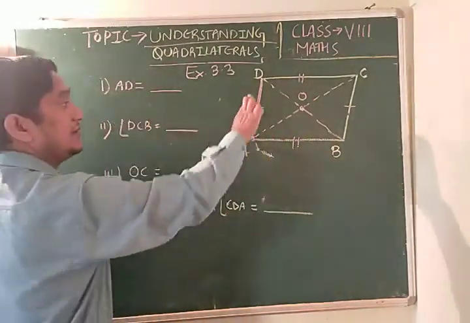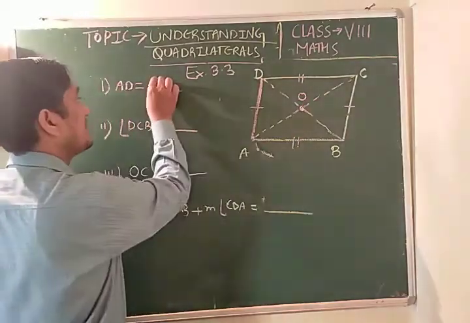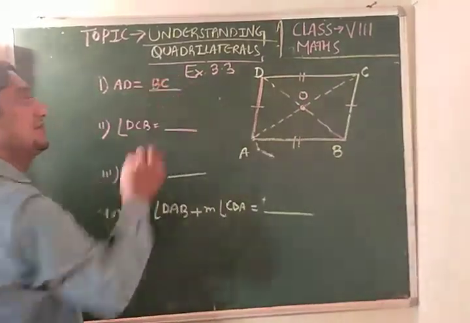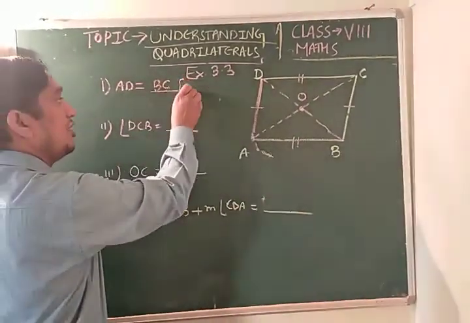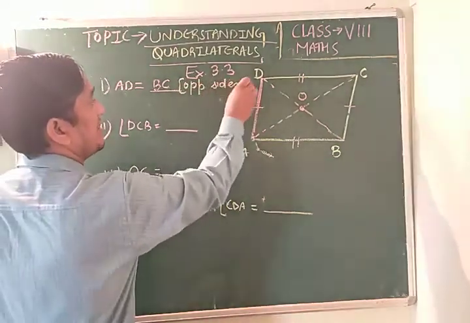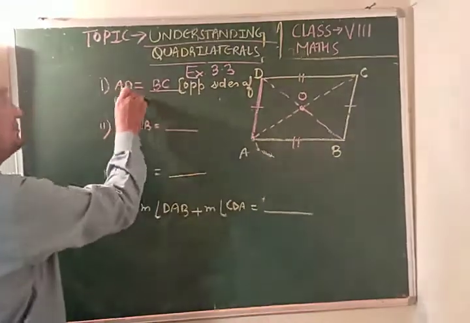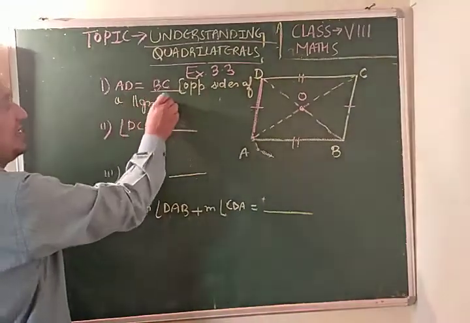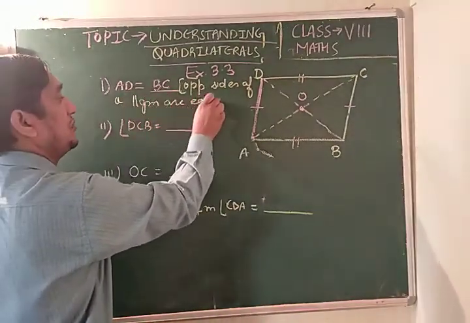So AD equals to BC, and the reason is opposite sides of a parallelogram are equal.